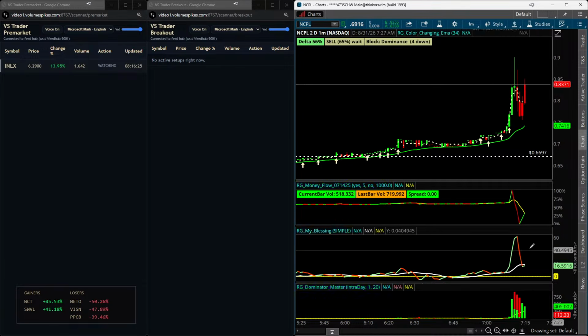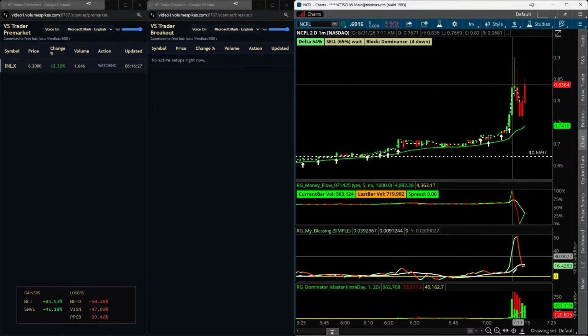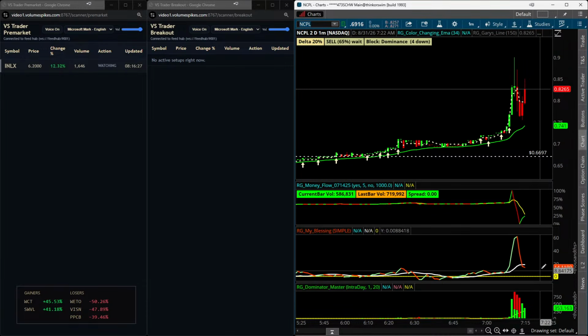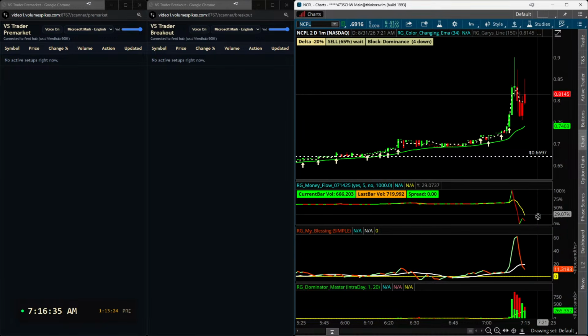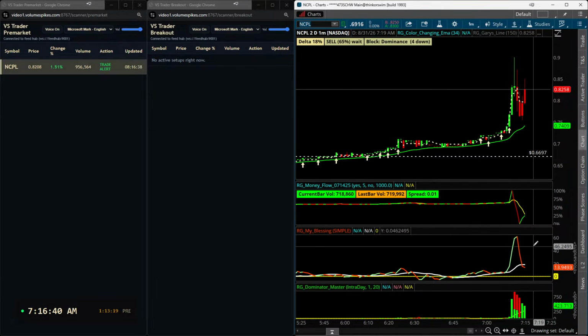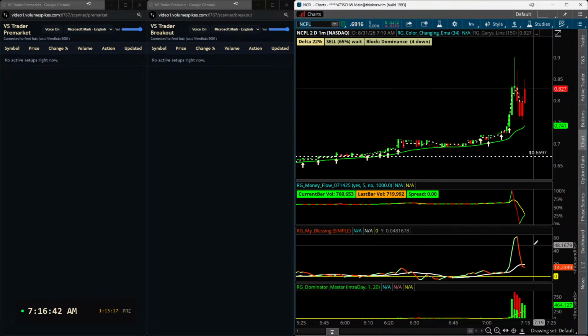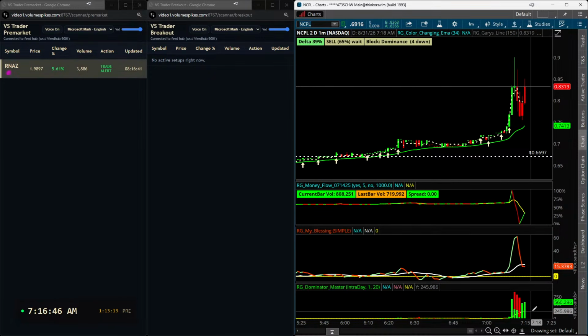I'm waiting on this indicator to flip north. This one's weak. The money flow is still weak. This indicator needs to turn green and point north. We do have some buyers coming in. That's why these bars are green.